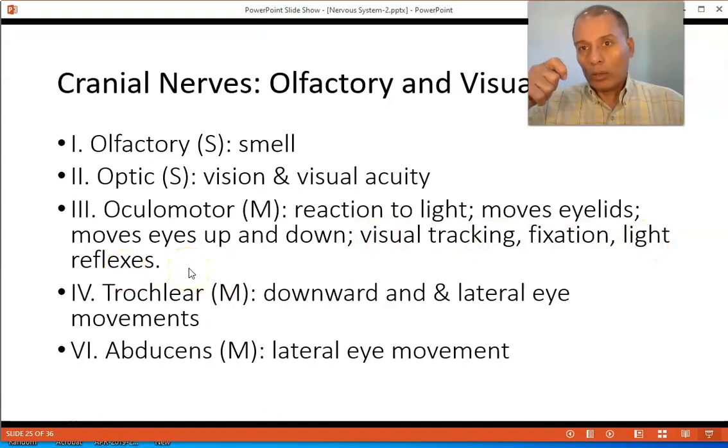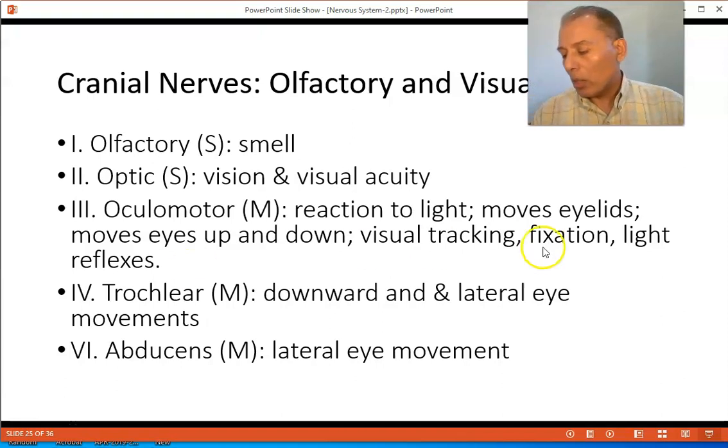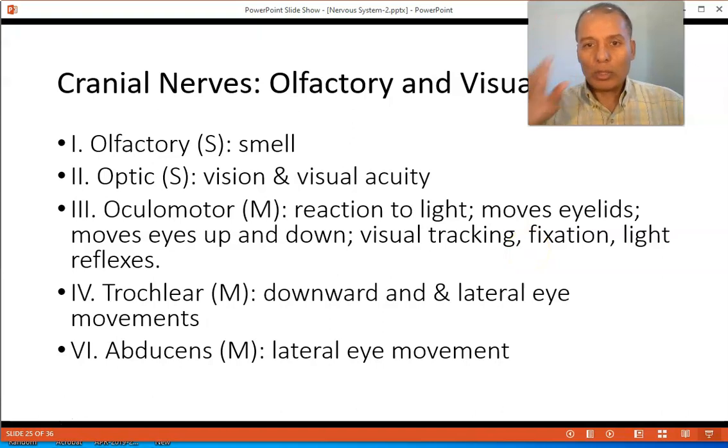Like when someone shines light onto your eyes, the pupil should constrict. And if it doesn't, then there's something wrong. Either the person is drunk, or the nerve is damaged, or maybe the person is sexually aroused. That causes dilation of the pupils.